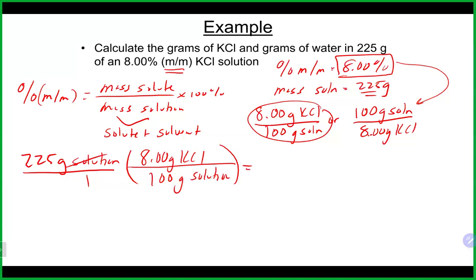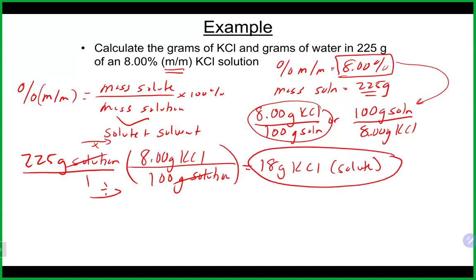And again, here we multiply the top like normal, divide on the bottom. We end up with 225 times 8 divided by 100. I think that says 18. That's going to give me 18 grams of KCl, which is really my solute in this case.